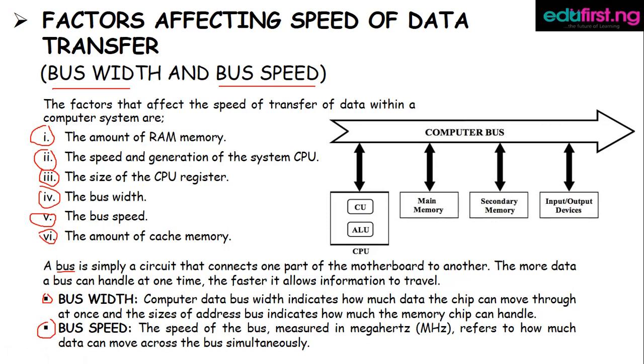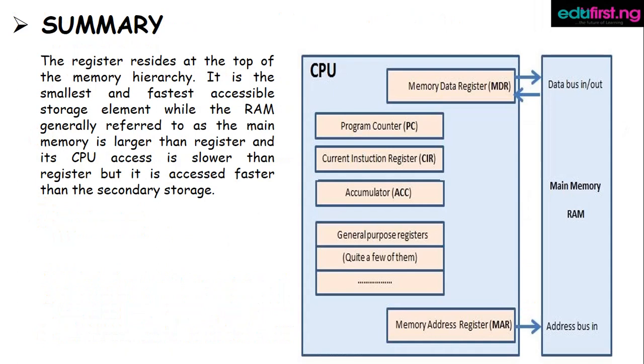So having talked about that, this brings us to the end of the lesson, but let us take a look at a few points before we go. The summary: the register resides at the top of the memory hierarchy.